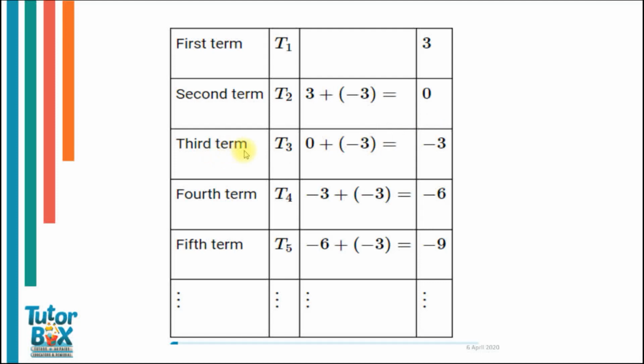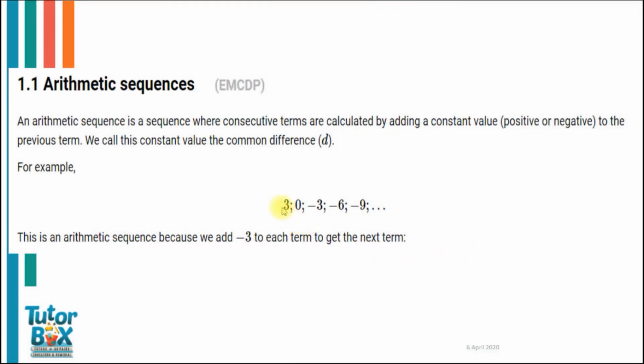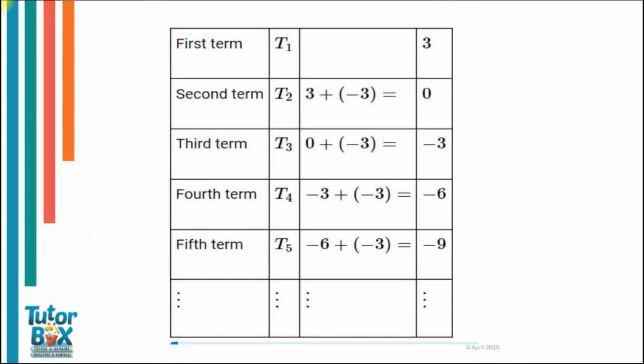For the third term, T3, we have 0 plus minus 3, which gives us minus 3. The fourth term is minus 6. The fifth term is minus 9. So if I go back here, I have 3, 0, minus 3, minus 6, minus 9. You see here I'm adding minus 3, minus 3, minus 3, minus 3 to each term.